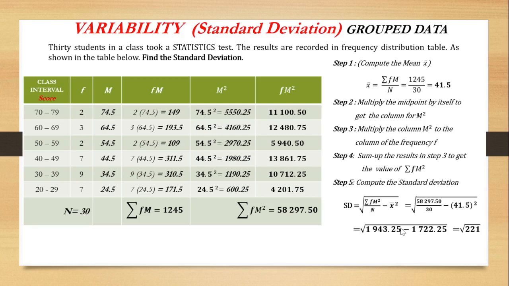As we get the difference between the two, that gives us 221. Then we get the square root of 221. That gives us 14.87. Then we can say our standard deviation of the grouped data is equal to 14.87.